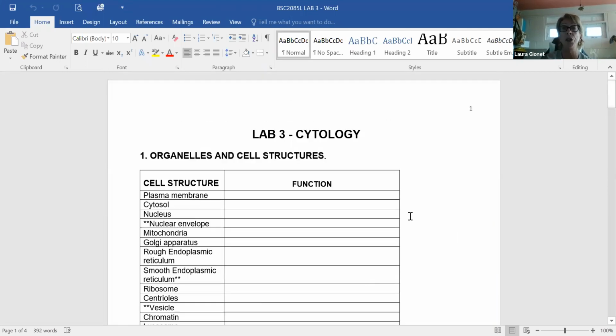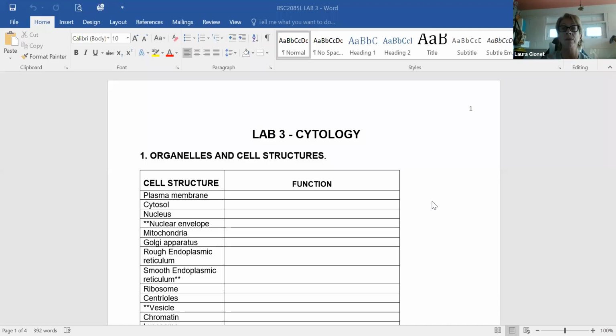So let me unshare, and I'm going to go to the web page now. So let me go to Cytology here, and I'm going to go back to the meeting. Let's share that page right there. Okay, sorry, wrong one.